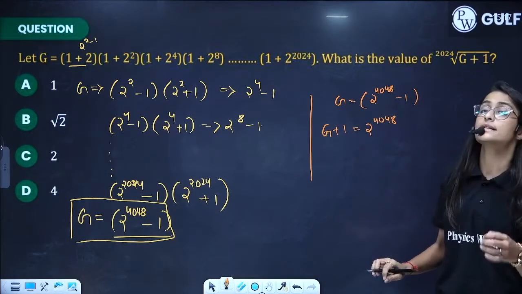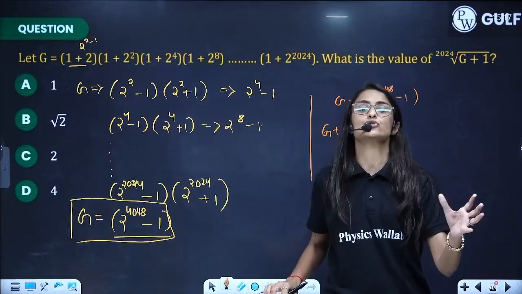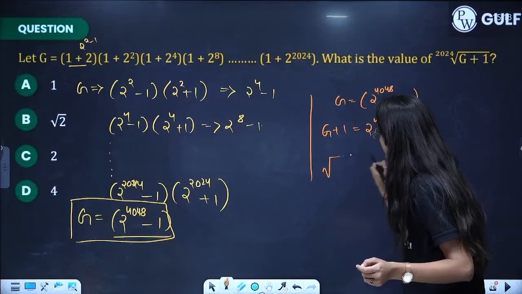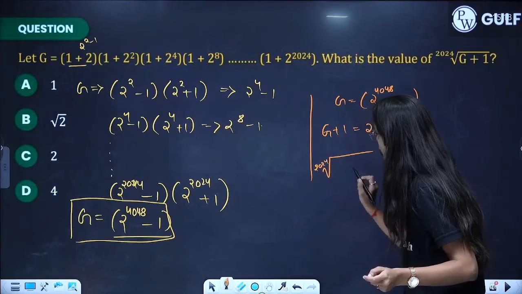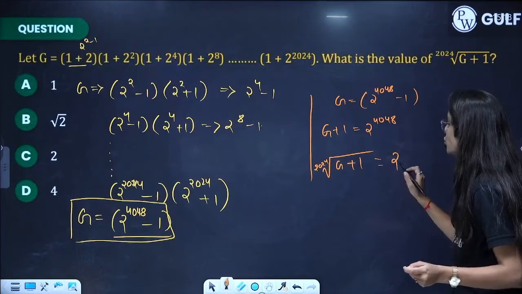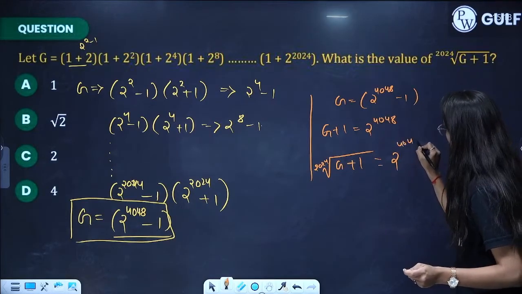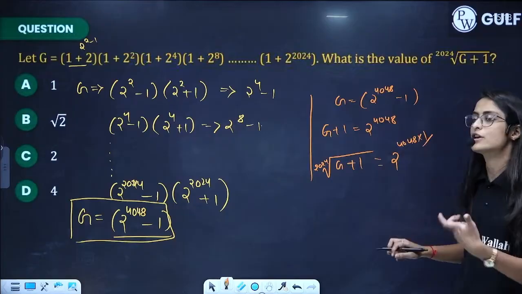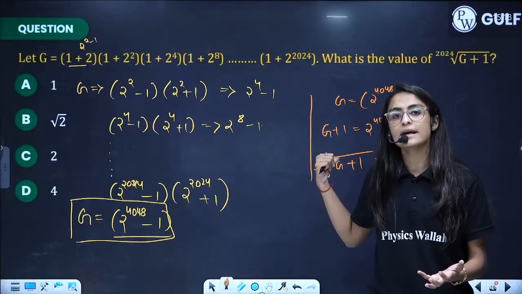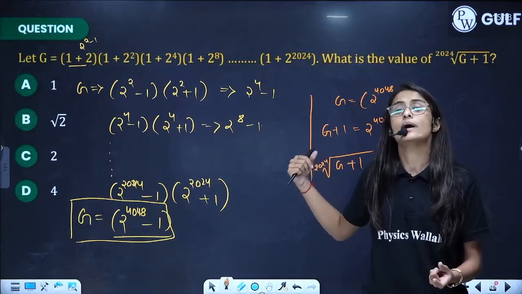Now students, here I need to take the 2024th root, not the square root, not the cube root. Okay, so taking the 2024th root, it is equal to 2 raised to 4048 multiplied by, see, when you are taking the square root, you multiply the power by half. Here I'll be multiplying the power by 1 by 2024.